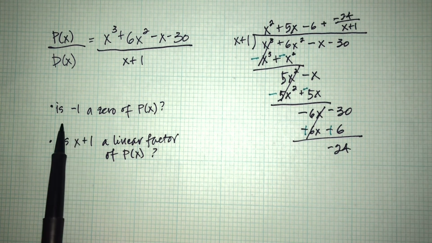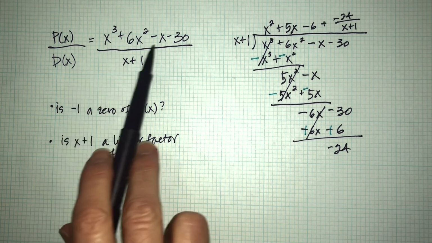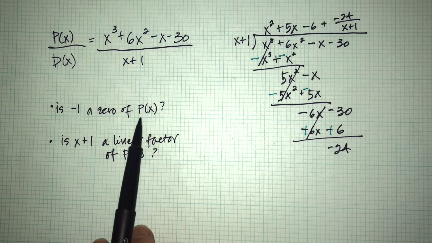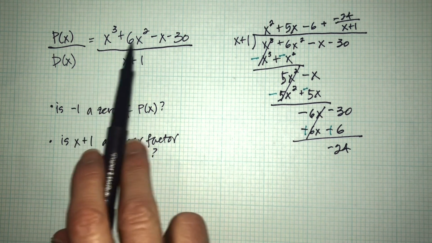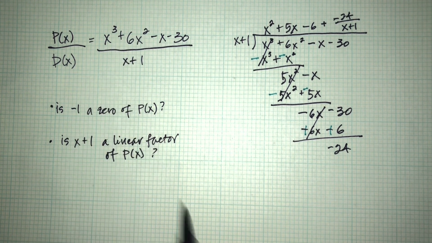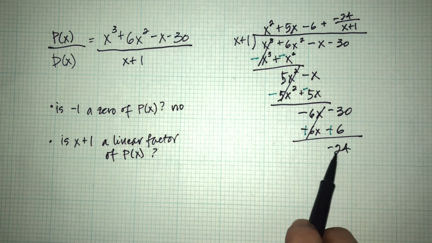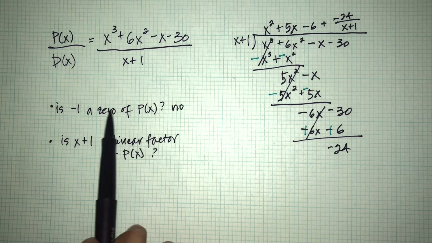Let's go over here and talk about what does this process answer for us? Well, one thing is we can determine, is negative 1 a 0 of p of x, of that polynomial? Well, no, it's not, because we got something other than 0 here. If you get a remainder, anything other than 0, that is not a 0.